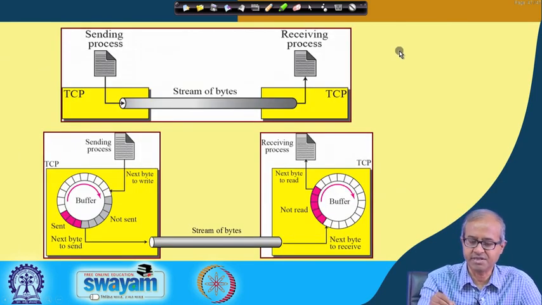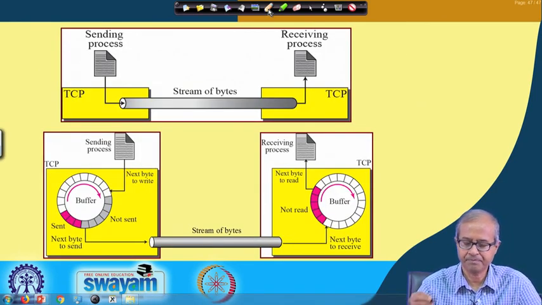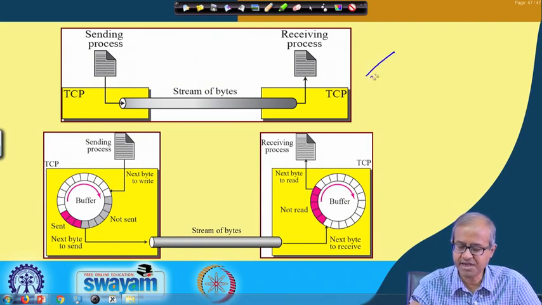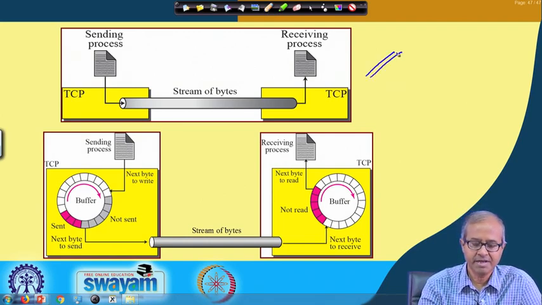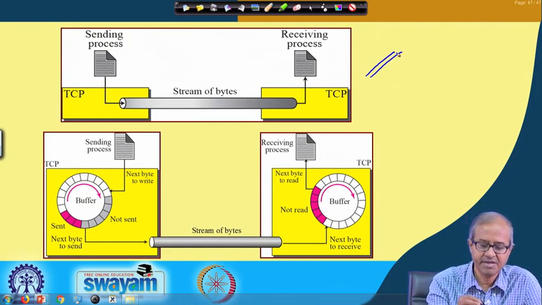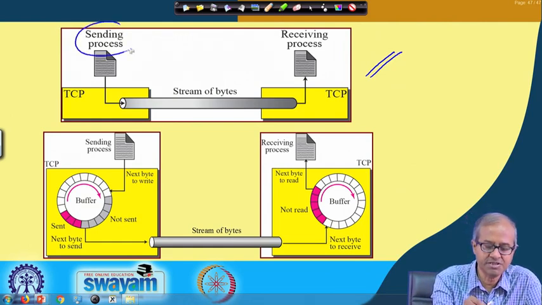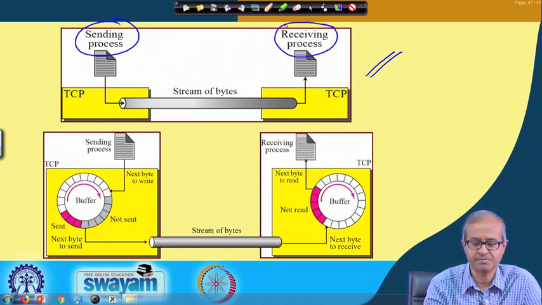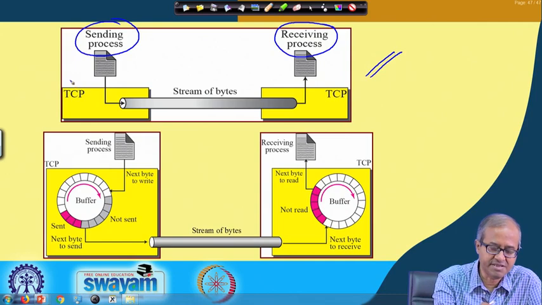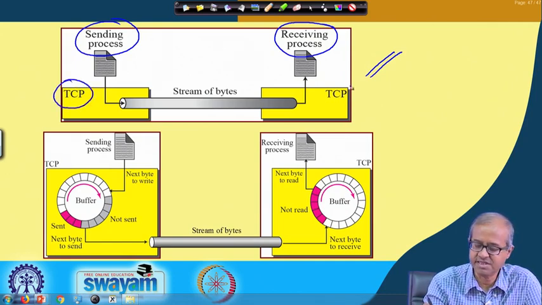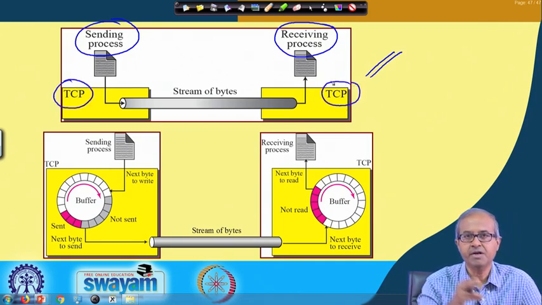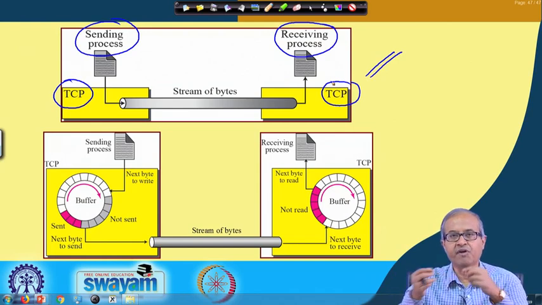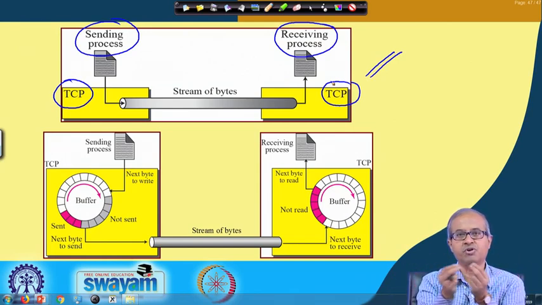Now, let us look at these diagrams. This first diagram actually shows you the conceptual view of TCP. This is a sending process, this is a receiving process on two different computers. This is the TCP layer on this and this is the TCP layer on this. So, TCP provides a host to host logical connection.